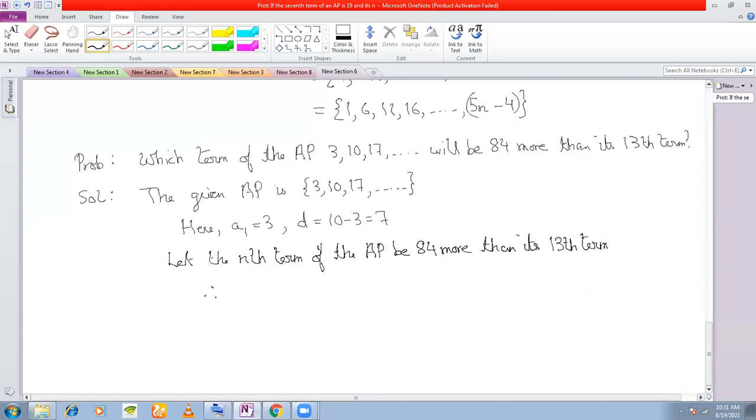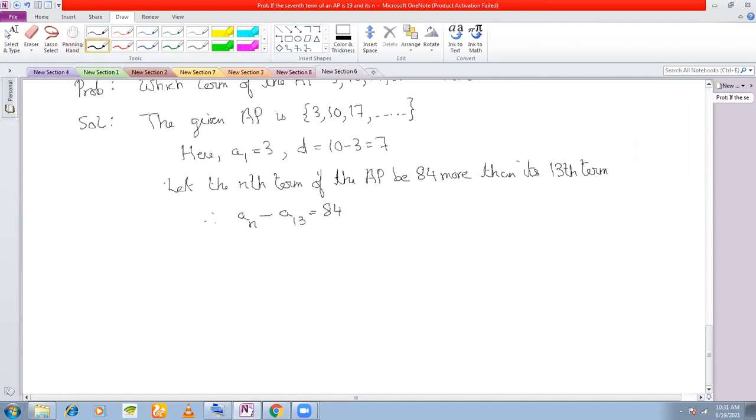Okay, so therefore, what can we write from this condition? Nth term minus the 13th term must be equal to 84 because the nth term is more than the 13th term by 84. So now put the value here. What is the formula for an? A1 plus n minus 1 into d minus A13 is equal to 84.